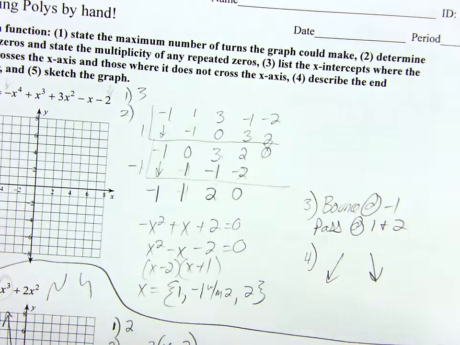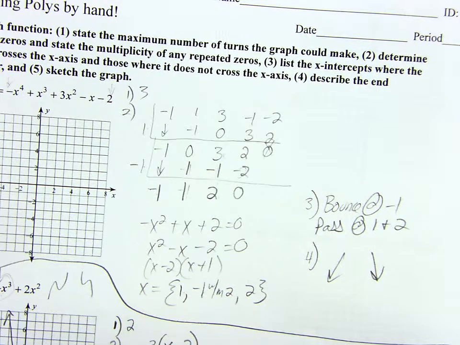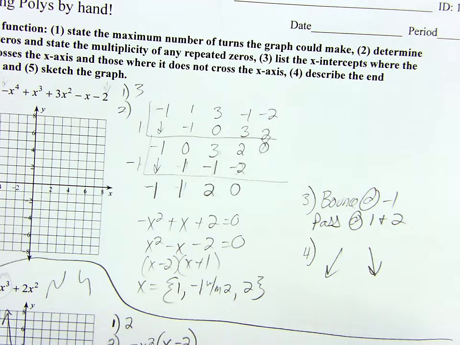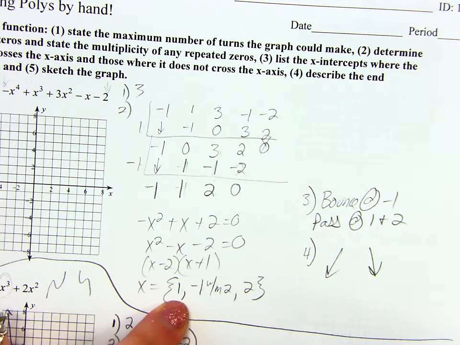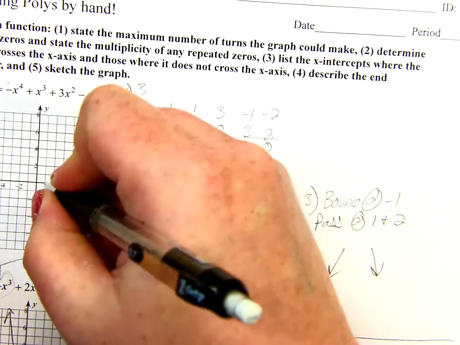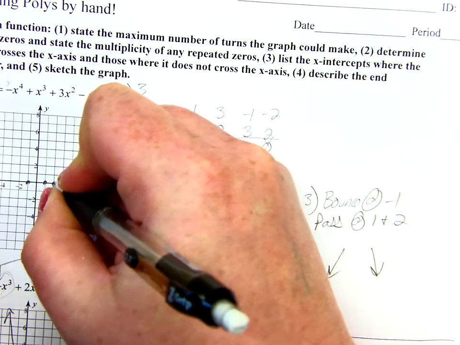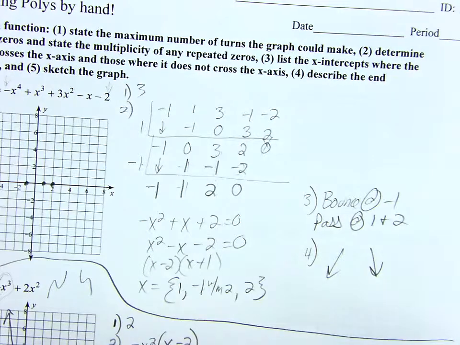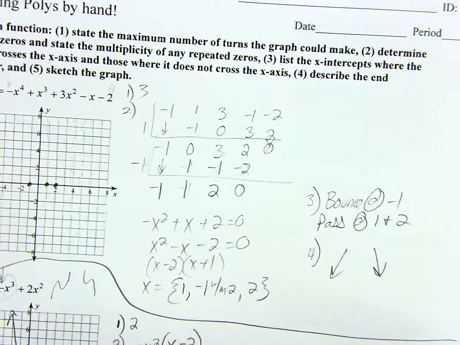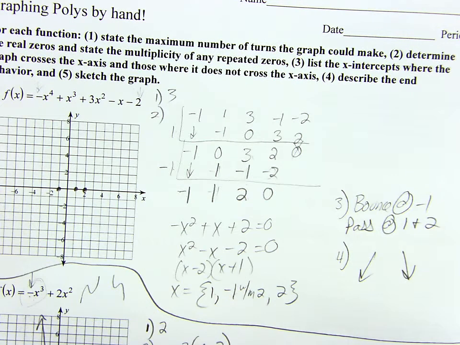All right, so let's put all these pieces together and let's figure out what the heck is happening. So I have zeros at 1, -1, and at 2. I know my end behavior, they're both going down.